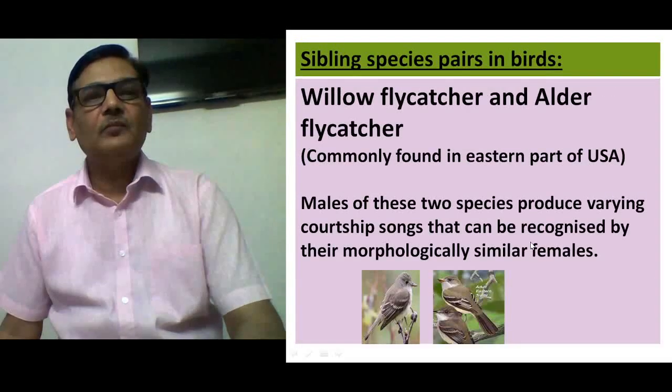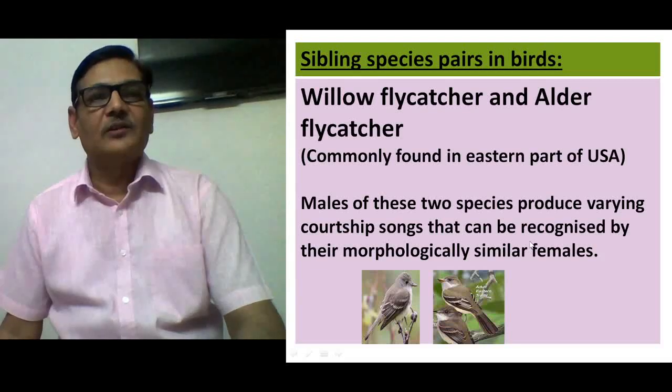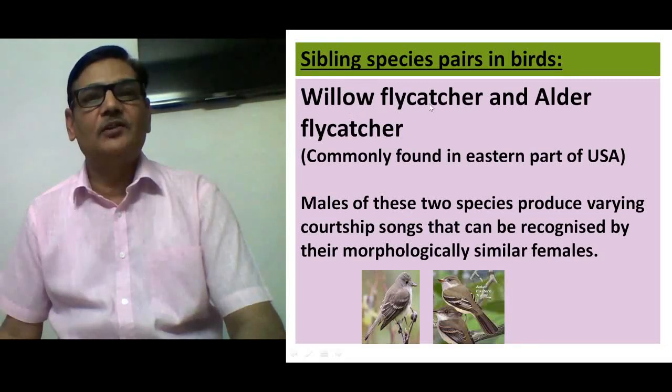In the case of birds also, cases of sibling species are known, like two species, one is the Willow flycatcher and the other one is the Alder flycatcher. These are two commonly occurring members of a bird genus, and they are found in the eastern part of the USA.